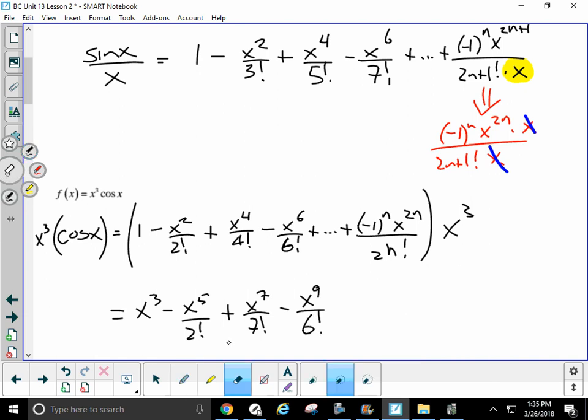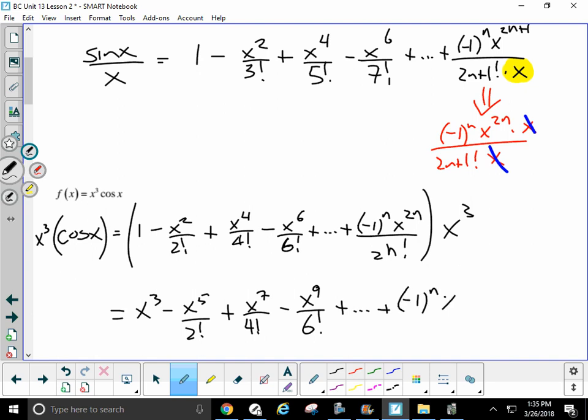I keep changing the factorials because I'm used to it. Any questions about this?